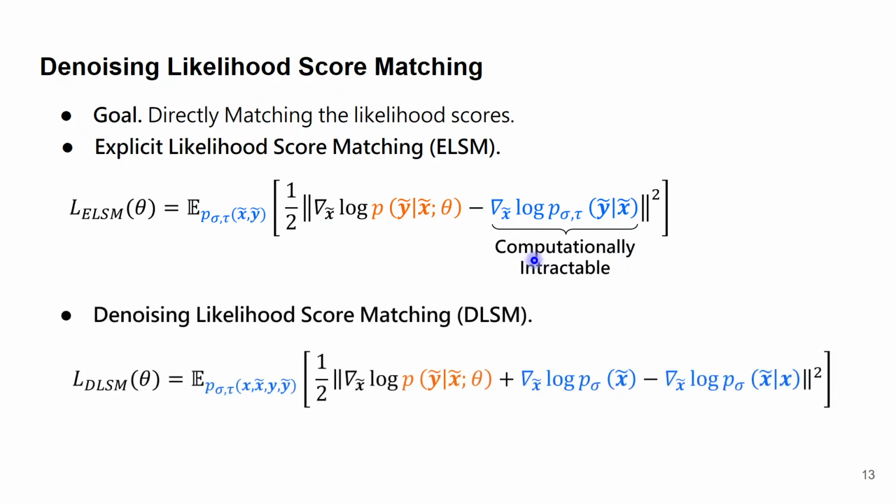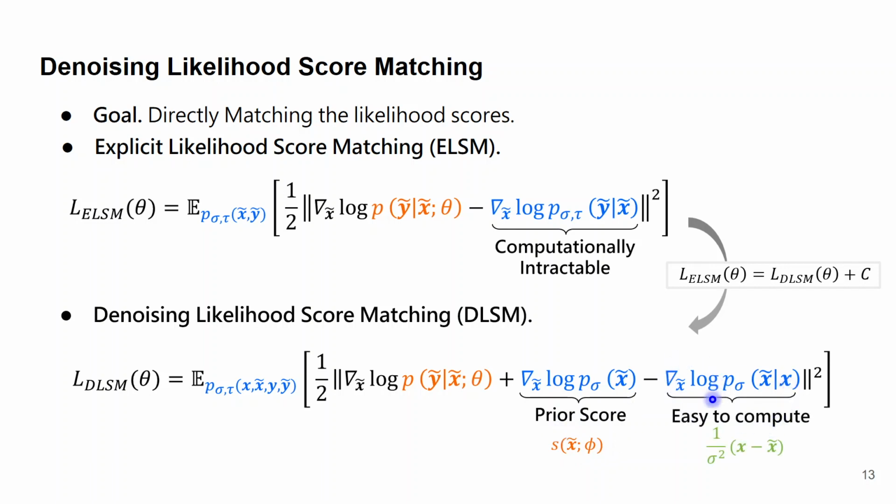So we formulate an alternative loss function called denoising likelihood score matching, and this loss function can be efficiently calculated because the second term here is the prior score, which can be estimated using a score model with a single forward pass, and the third one is the log gradient of the Gaussian perturbation kernel, which has a simple form here. So we can involve this DLSM loss during the classifier training to enhance the classifier's ability to predict the true likelihood score.